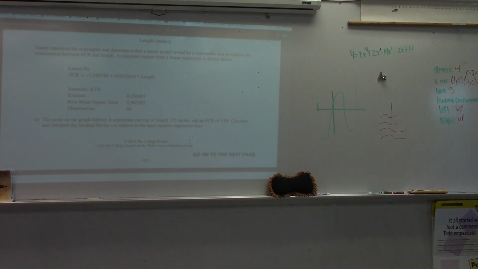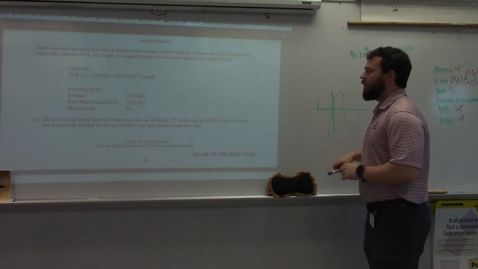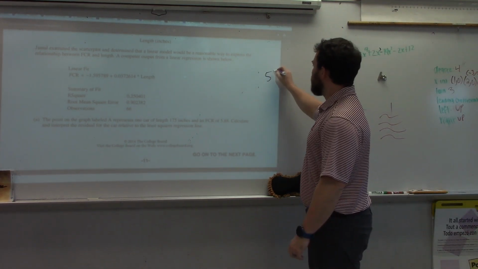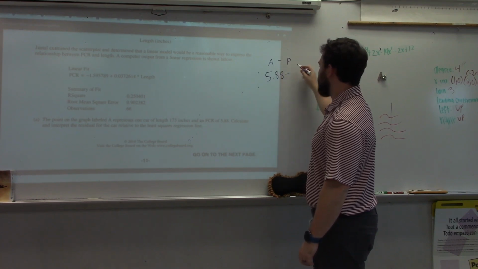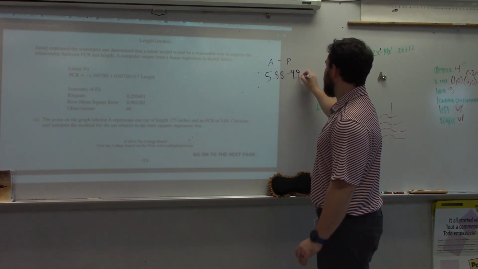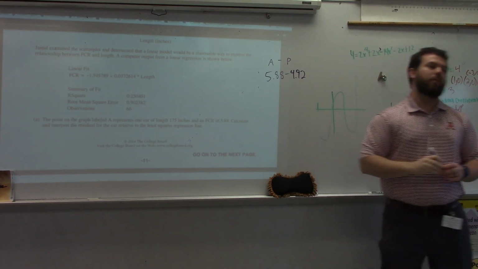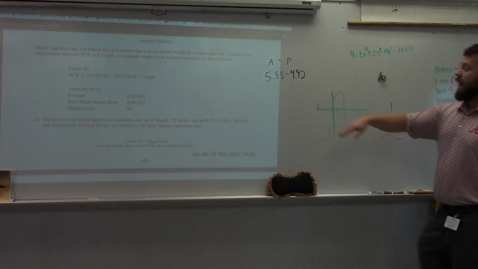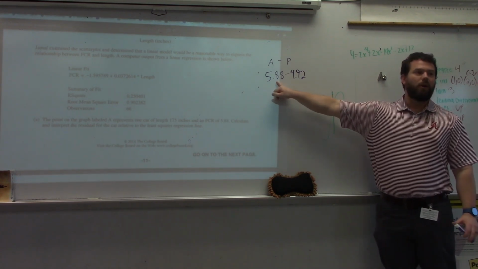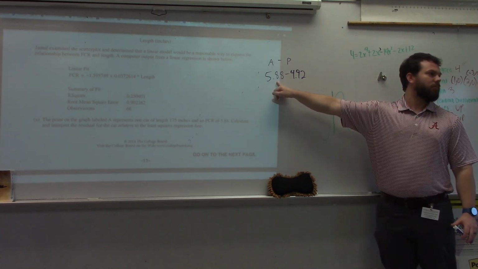Hey guys, when it comes to interpreting, I do want to point this out. If you remember actual minus predicted, and look at this number, because I totally get it, sometimes it's hard to remember if it's above or below. But if I look at my actual here, is that value above or below the predicted? That actual is above.